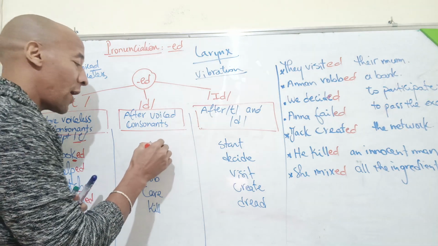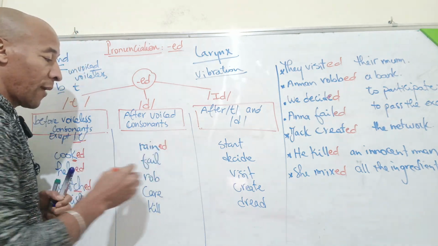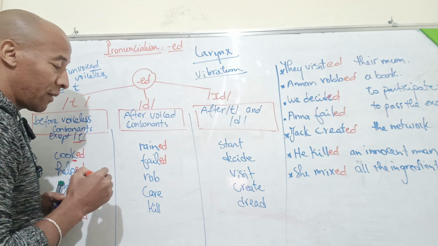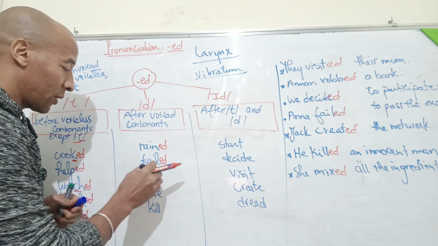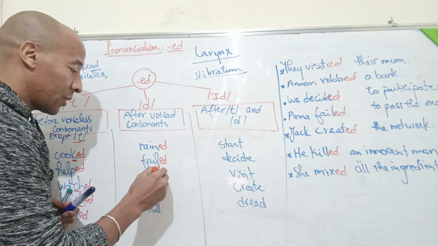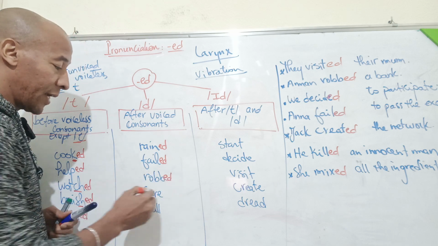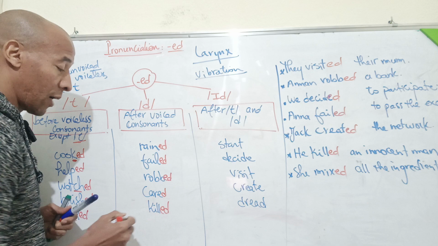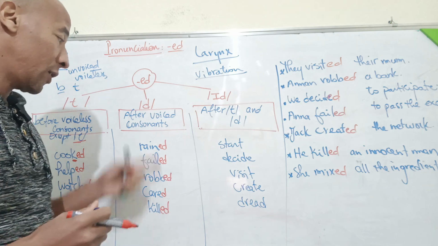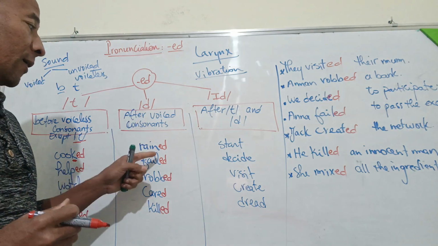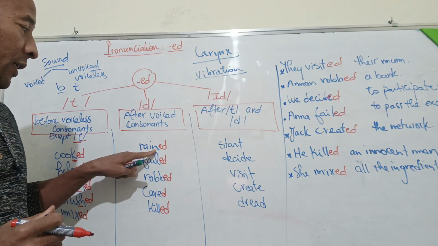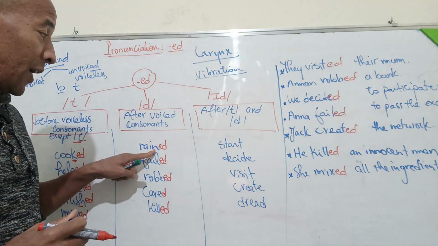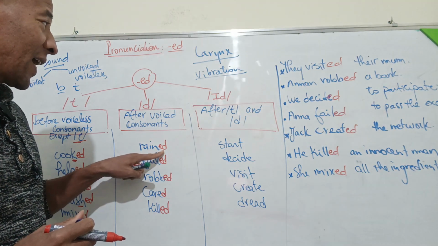So we say rained. The same thing for failed. Robbed. Cared. Then killed. So in those examples, the consonant is voiced, then we will pronounce -ed as d.